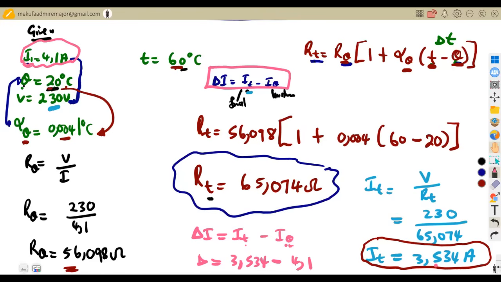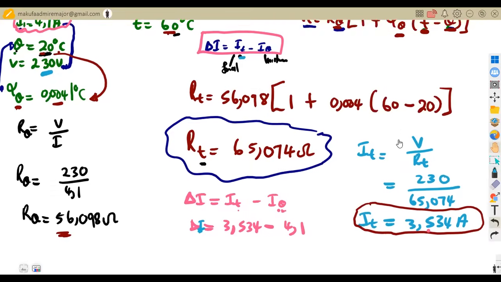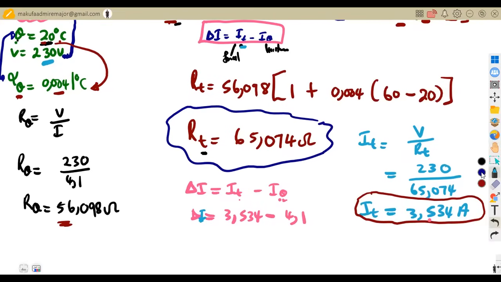So we subtract, thus obtaining the change in current. That is going to give us a negative 0,566 amps.